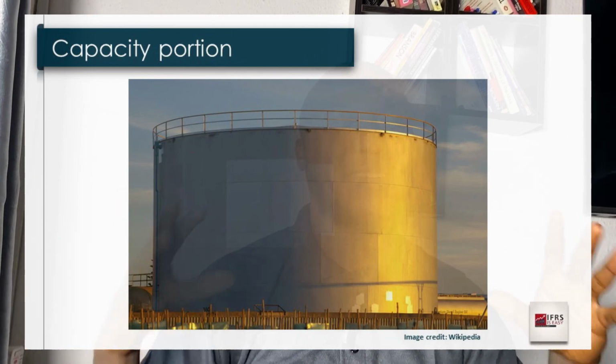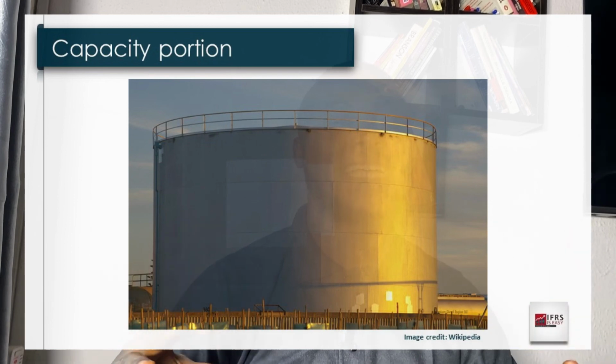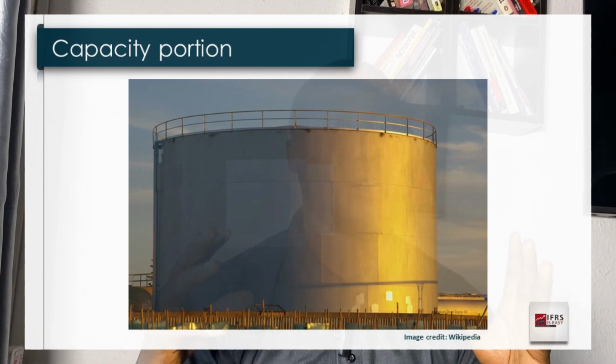Before you can say that you have an identified asset, it has to be that you have a substantial portion of that oil tank. Now, if you are leasing just 40% of that oil tank farm, then automatically there is no identified asset. So for you to say you have an identified asset, you are leasing a substantial portion of it, that is almost the whole full capacity of it.